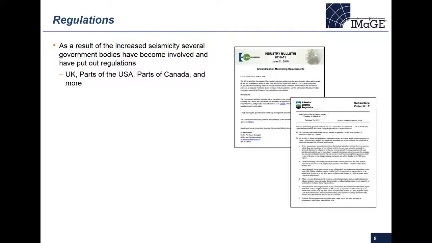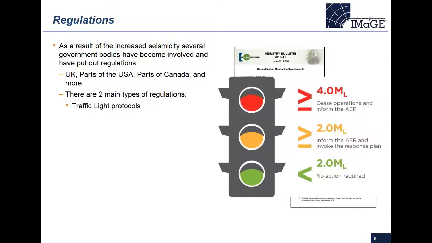So some of these include the UK, parts of the USA and parts of Canada, which have regional monitoring requirements for any hydraulic fracturing or wastewater disposal. And these regulations can typically come in two main types so far. The most common by far, and what most people are probably familiar with, are traffic light protocols.